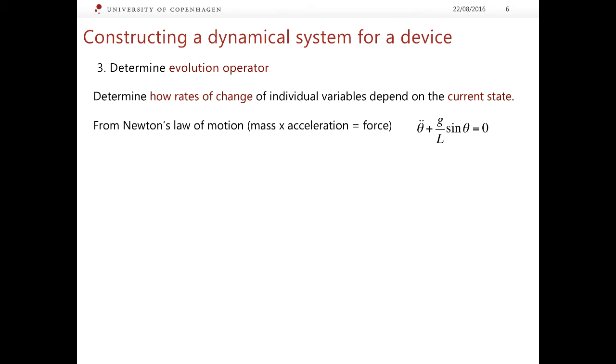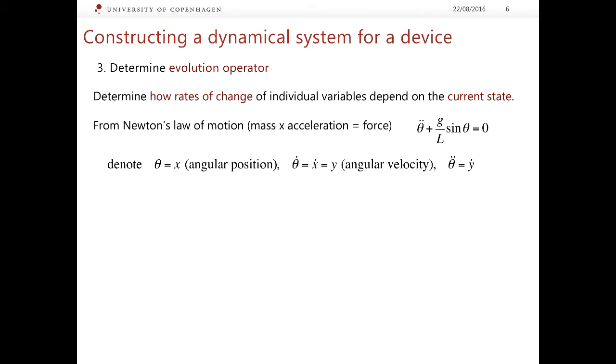For the pendulum, it is reasonably easy to do this. We make use of the famous second Newton's law of motion, which says that the mass times acceleration is equal to force. And we can construct the second order ordinary differential equation, which reads as shown on the slide.